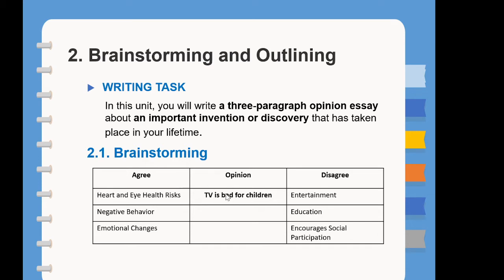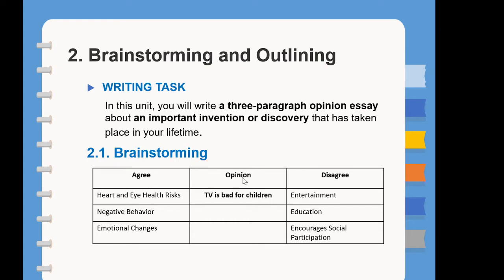You place the topic in the middle column, and no matter whether you agree or disagree with the topic, you have to brainstorm ideas for both sides. If you agree, you have to think of ideas, and if you disagree, you also find the reasons that you disagree.